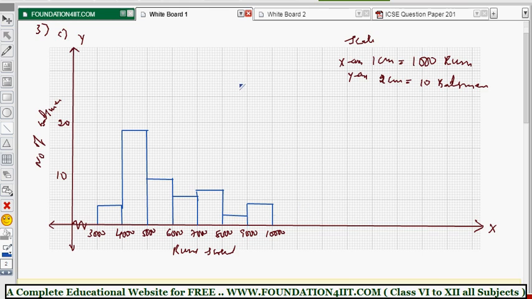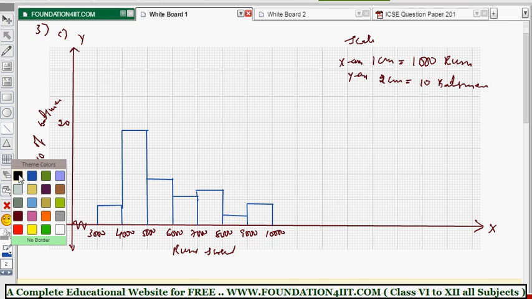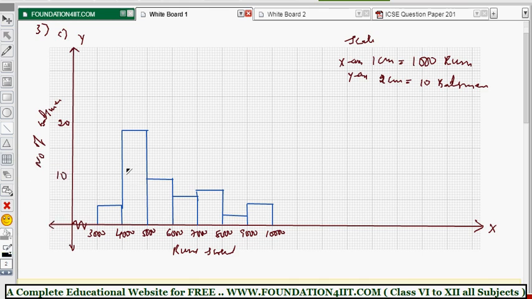Now see how to estimate the mode. Whichever is the highest, if you observe, 4000 to 5000 is highest. So from the highest bar's top corner, join a line to the previous bar's top corner, and from the highest bar's other top corner to the next bar's top corner.